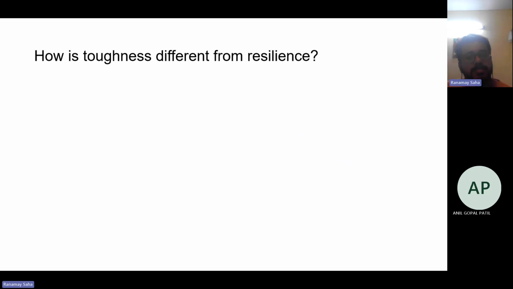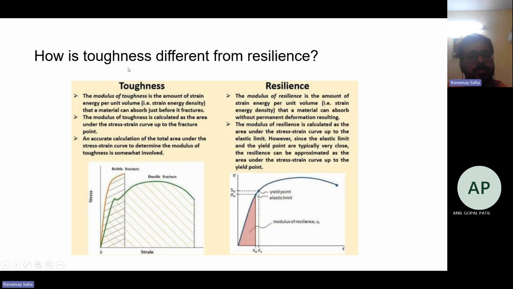The next question is, how is toughness different from resilience? Are they the same? Toughness and resilience are different depending upon the area of the strain curve which is taken into account. You can see the modulus of toughness. Modulus is nothing but simply the toughness divided by its volume, right?